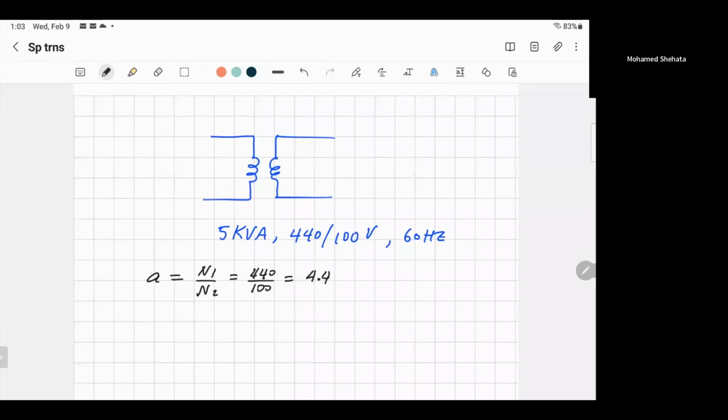You can use in the second. Yes, the 5 kVA.